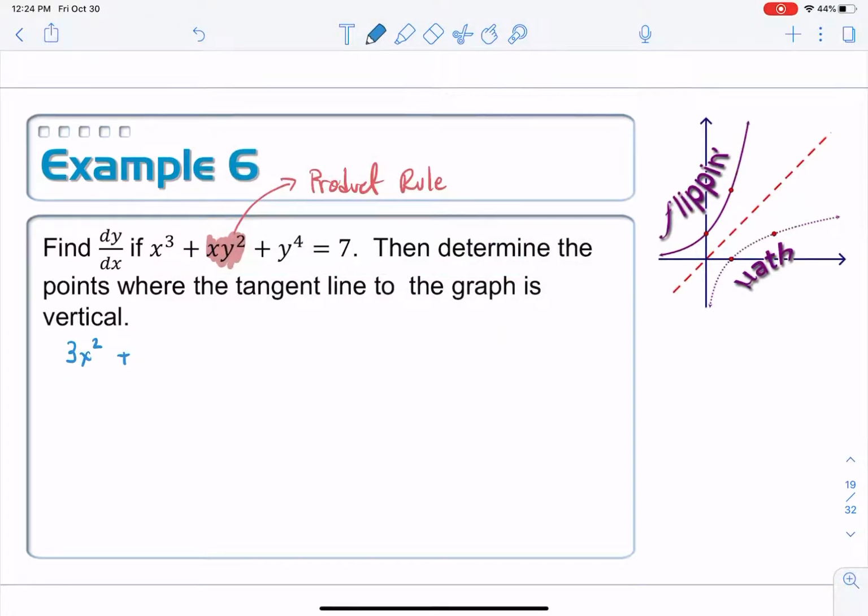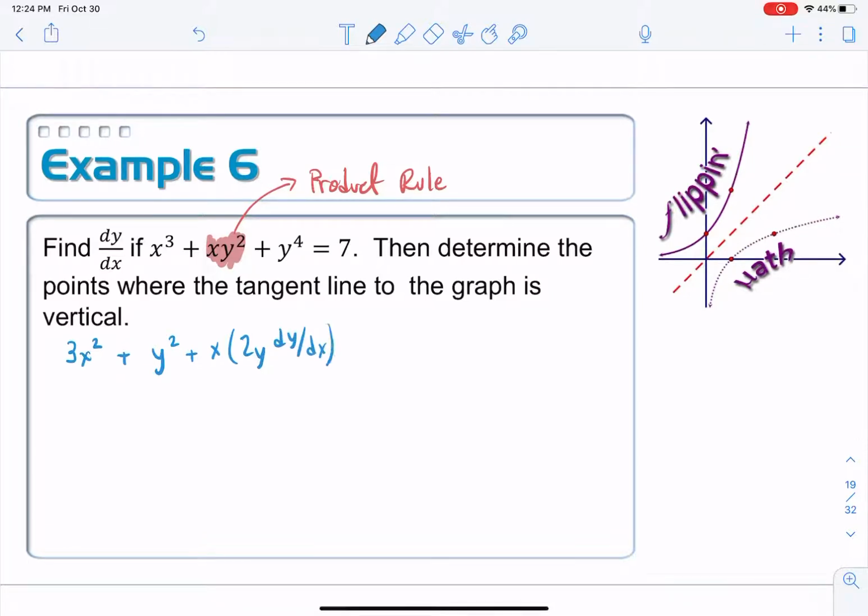Derivative of the first, 1 times the second one, y squared, plus the first one, x, times the derivative of the second one, 2y, and now it's y. Implicit differentiation means that I have to multiply it times dy dx.